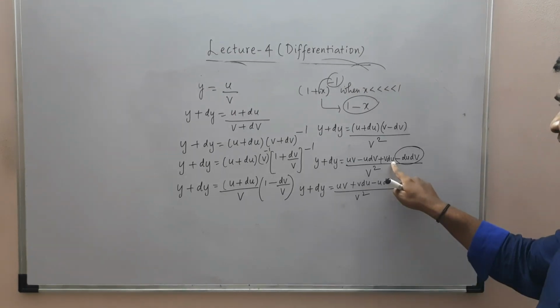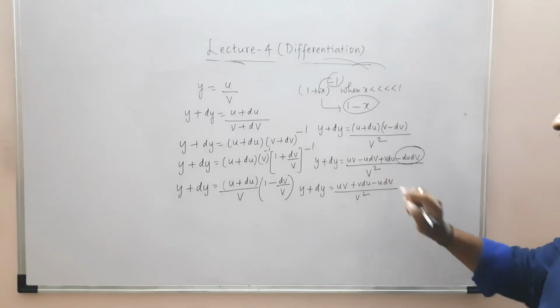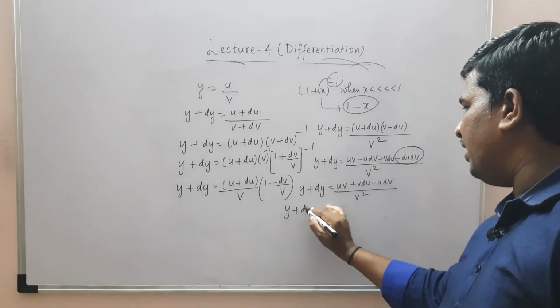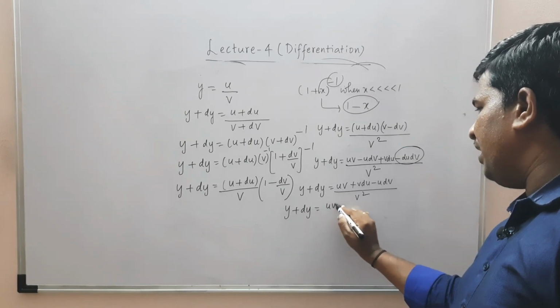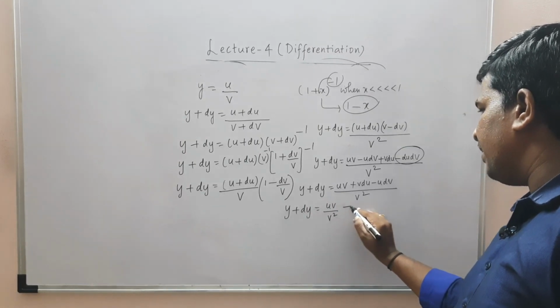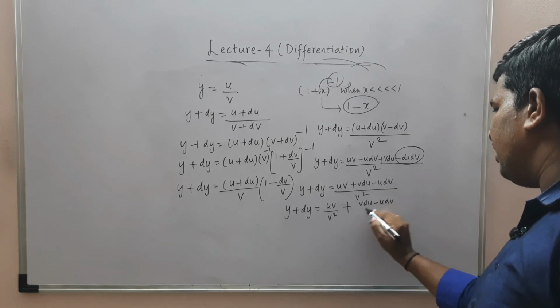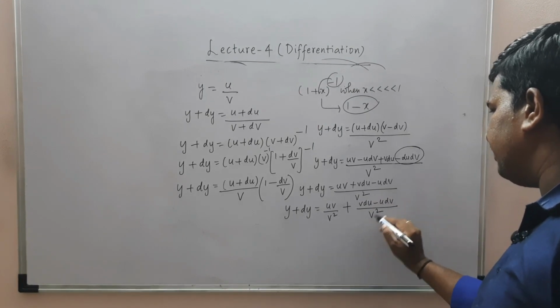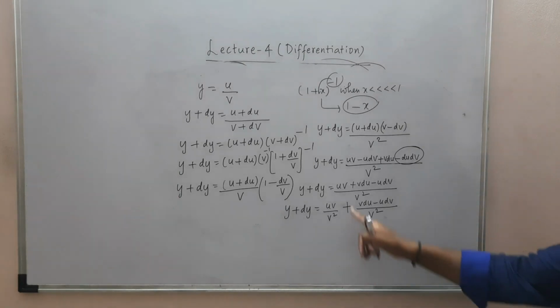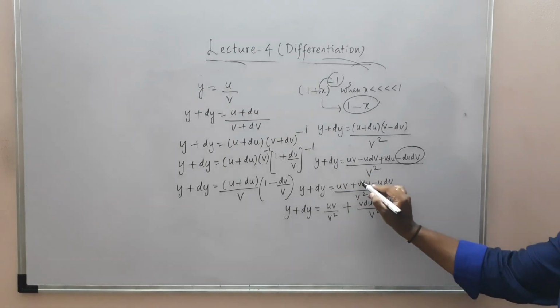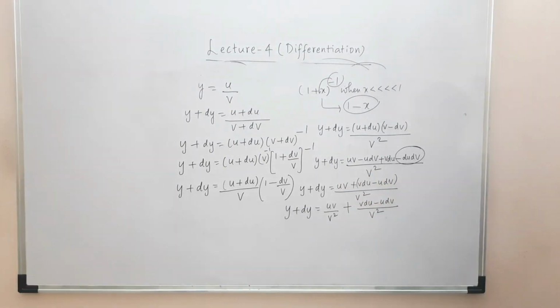Just I am writing this v du here, this minus u dv here. So the next step is y plus dy is uv by v square plus v du minus u dv by v square. I am writing the denominator to uv as well as to the entire term separately.